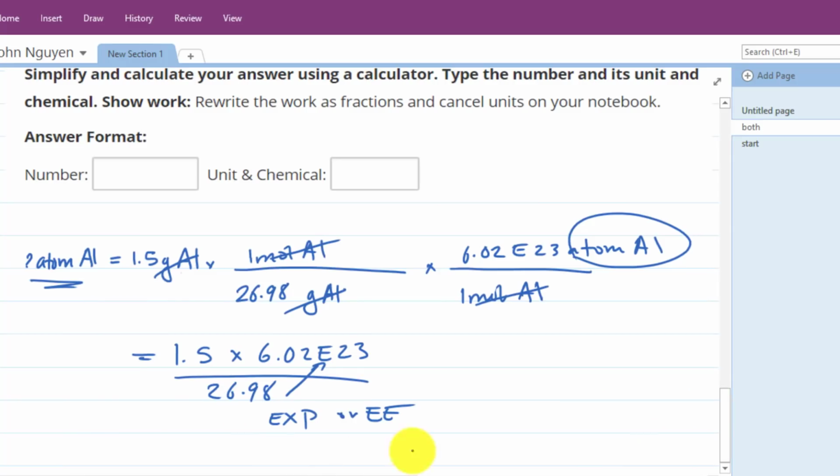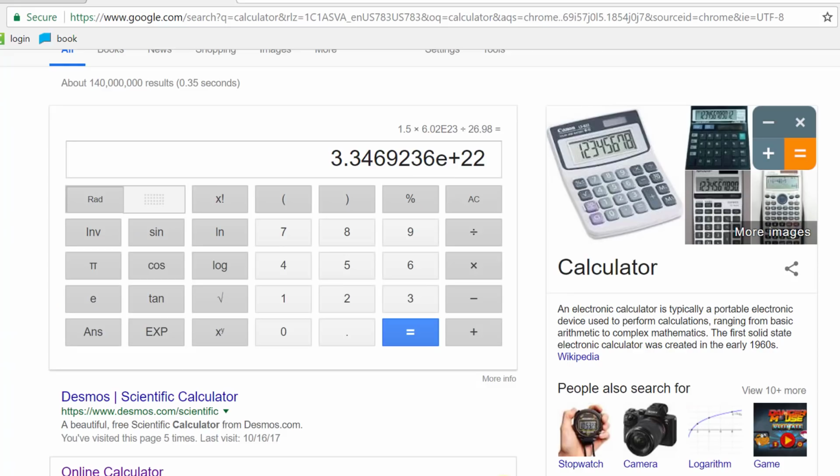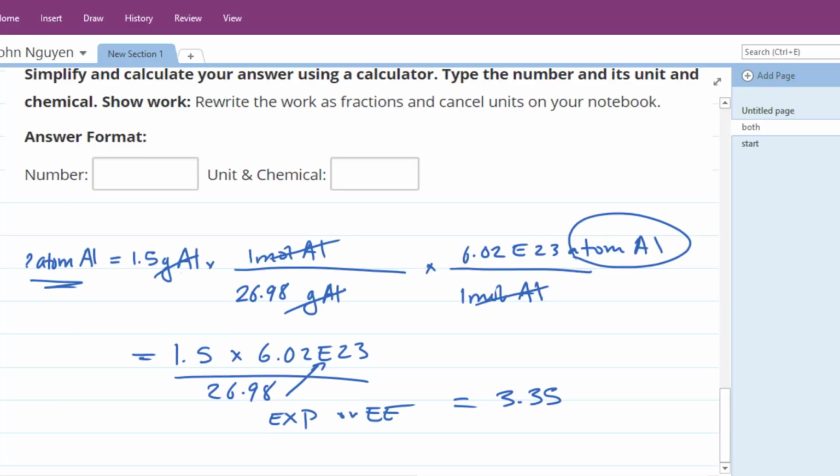So our answer is 3.35 times 10 to the, or in this case, we just use e to the 22nd atoms of aluminum. Now, that e right there also represents times 10 to the power of something. In this case, it's 22nd right here.